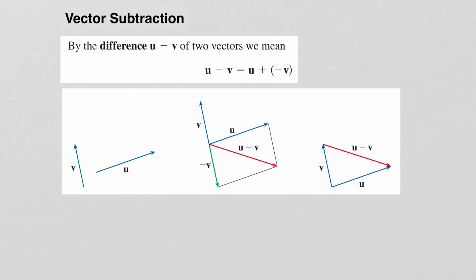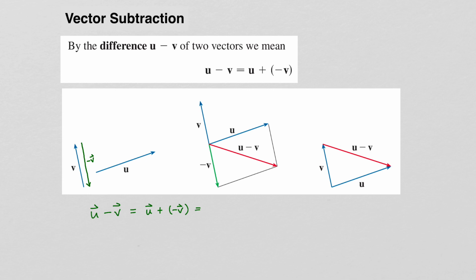So first, let's point out that negative v would be a vector pointing in the opposite direction of v. So this would be negative v. So if I want to do u minus v, I think of that as u plus the opposite of v.